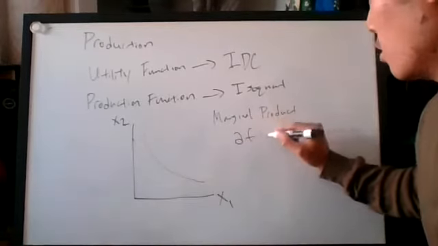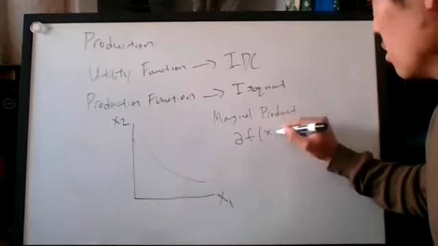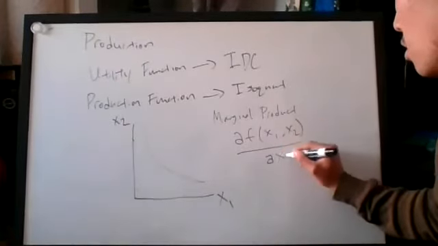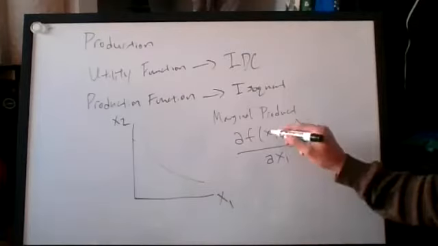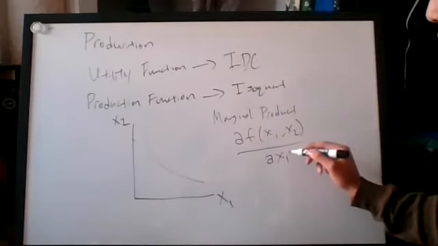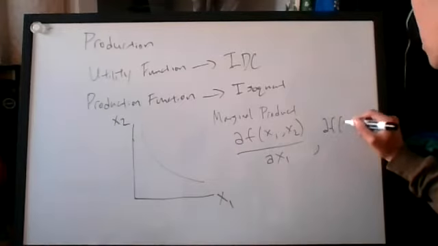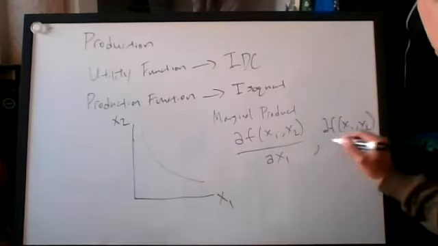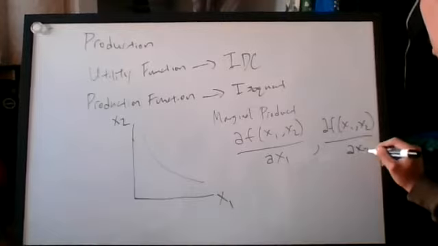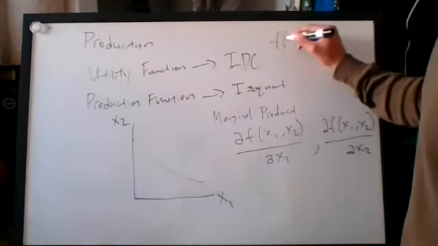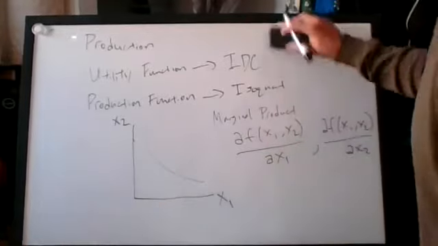So the derivative of the production function with respect to, say, input one, right? So this would be the marginal product of input one. And we're also going to have the marginal product of input two, right? And so if I had, say, f, and actually let's just do this over here.